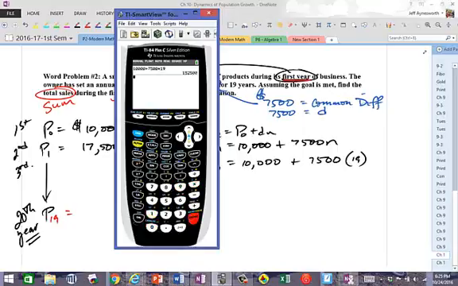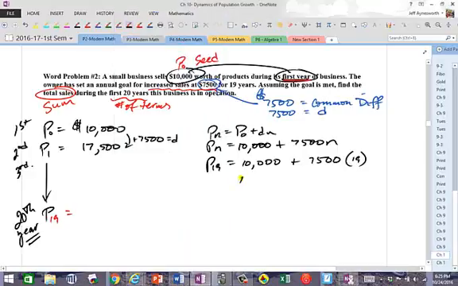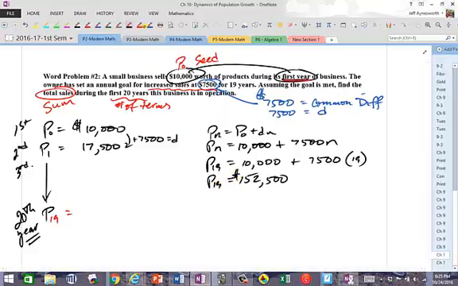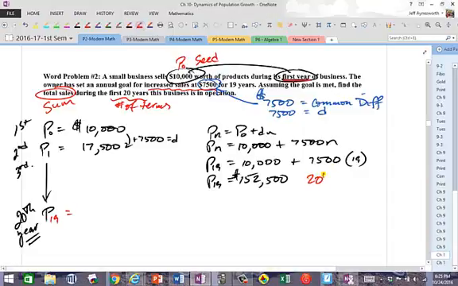So 152,500. That's P sub 19, or the amount in the 20th year of business. We're going to need that. That's your last term. This is your first term.